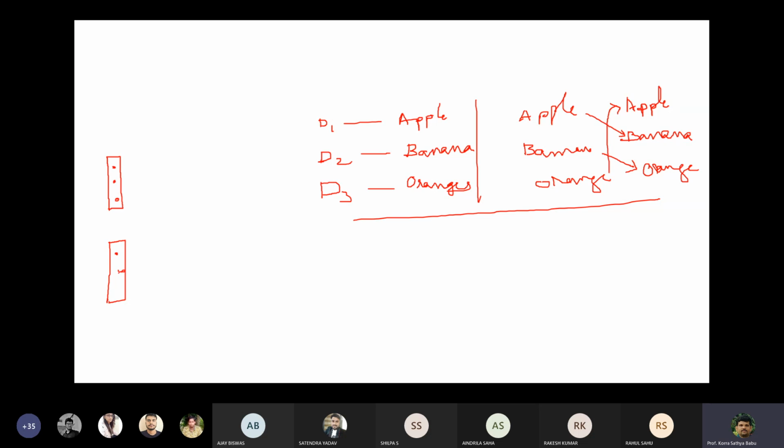This is the new input that you are supposed to give to the neural network. Simply, we are giving it like this.